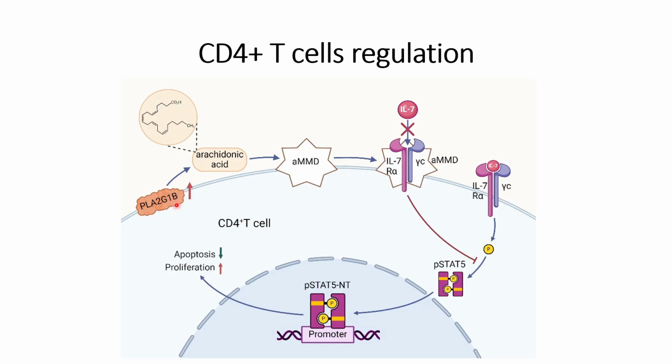However, PLA2 G1B is also secreted inside human beings naturally, and the upregulation of this PLA2 G1B will cause release of arachidonic acid, and this arachidonic acid will then interact with the membrane of the CD4 plus T cells to form abnormal membrane microdomains, or aMMDs, and these aMMDs have the capacity to prevent IL-7 interaction with the IL-7 receptor.